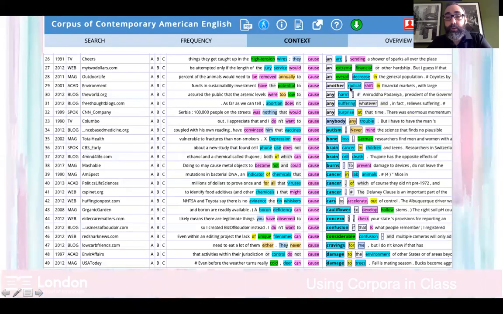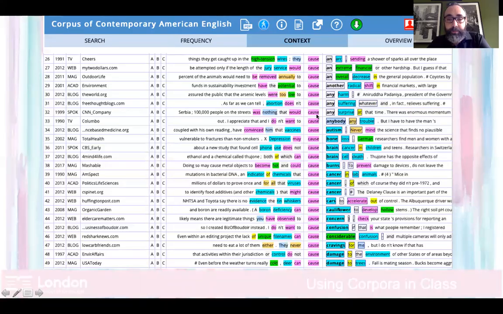So this is a beautiful example of a corpus, and as you saw, with three words to the right, three words to the left, and you have a color code.